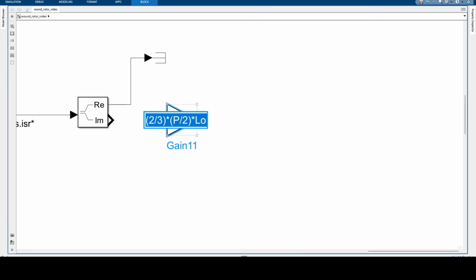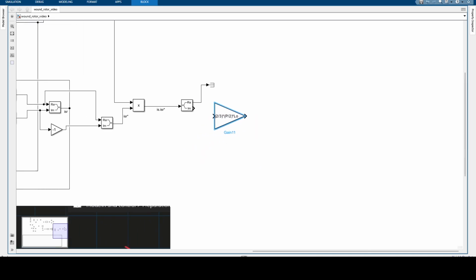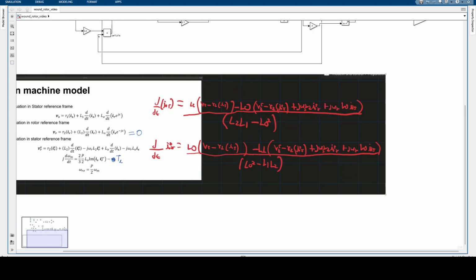Okay. So now we have our imaginary part of the multiplication times this.